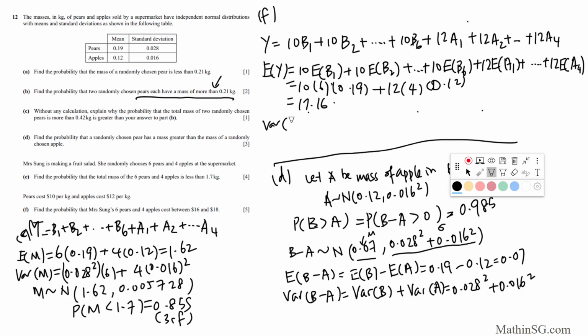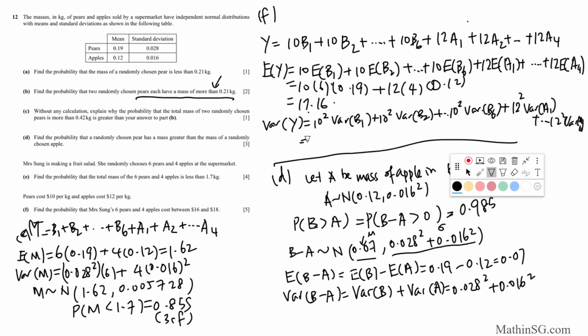Variance is the one that is more tricky. If you have a number in front, it now becomes 10 square times variance B1. Then do the same for 10 square variance B2 all the way to 10 square variance B6, right? Then do the same for apple. There's a coefficient of 12 in front of A, so the variance is 12 square variance A1 all the way to 12 square variance A4.